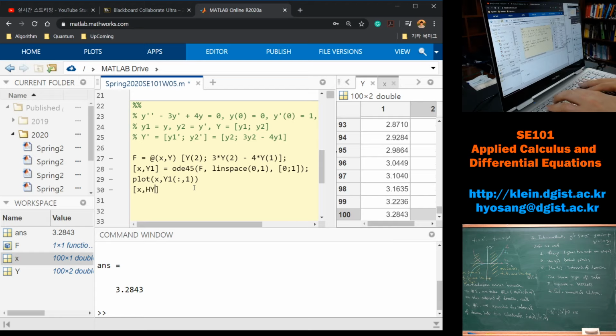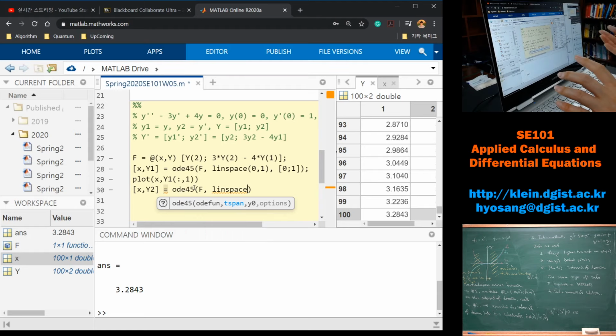What is y2? y2 equals the result of ODE45 with the same differential equation, but now I want to go backward. I want to start from 0, but not in the positive direction, but in the negative direction.